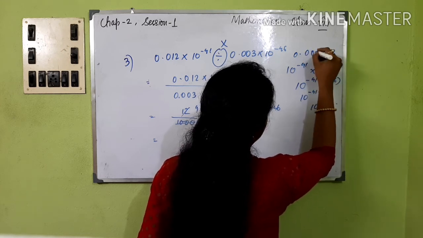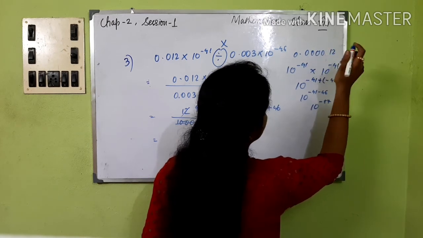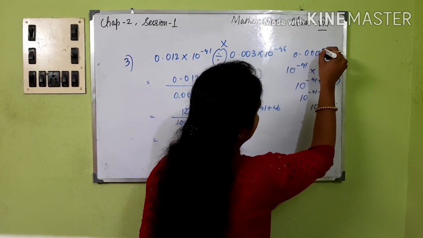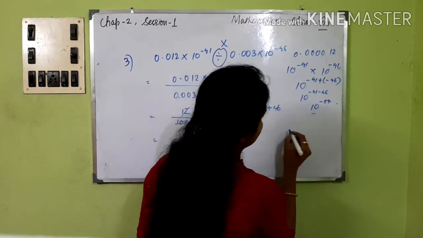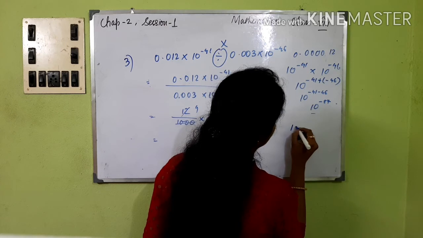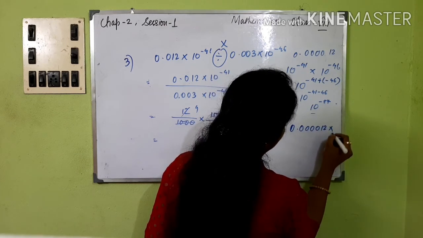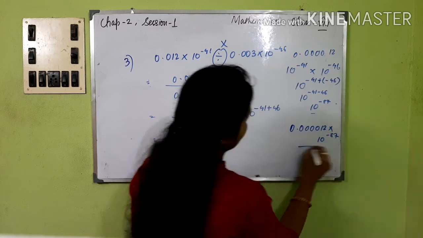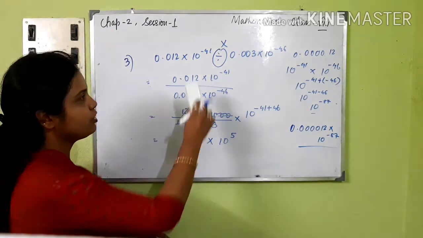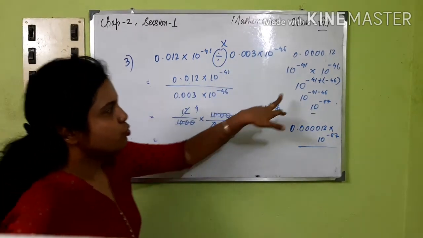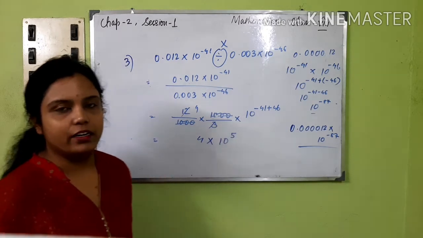One zero will be less. So you're getting here 1, 2, 3, 4, 5 and 6. So you're having this into this. That means the answer will be, if you write it, 0.0000 into 10^-87. If you write this, this also can be correct. So this is for your division. Multiplication, I have just told you. Here the two powers of ten will get added up only.